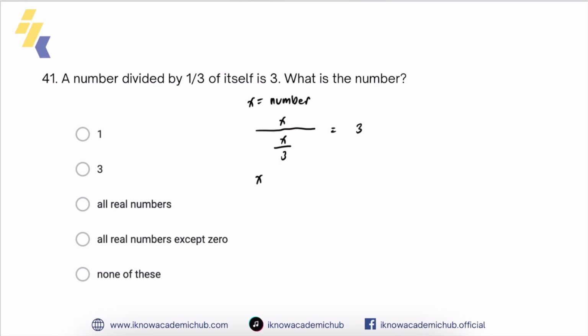Now, x times the reciprocal of x over 3 is 3 over x equals 3. So we cancel x and we have a restriction. x should not be equal to 0 because 3 over 0 is undefined. So we have here 3 over 3, and we have all real numbers except 0 as the value of the number.